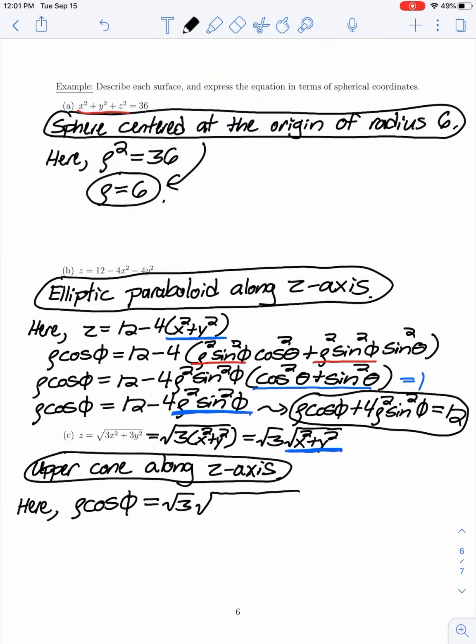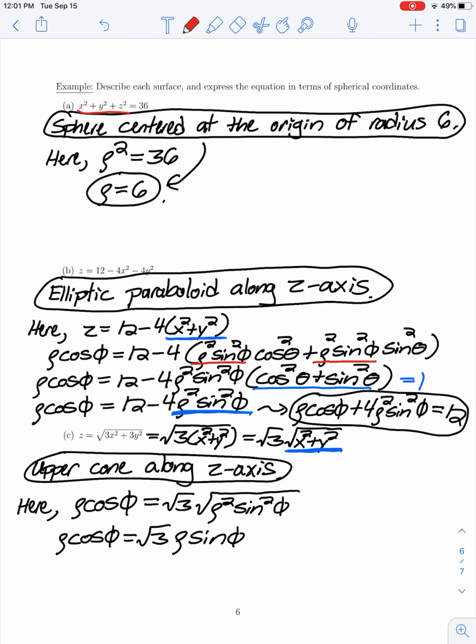So rather than going through all those steps of simplification again, our x squared plus y squared is equivalent to rho squared times sine of phi squared. So taking the square root of that expression, I'm left with rho sine of phi.